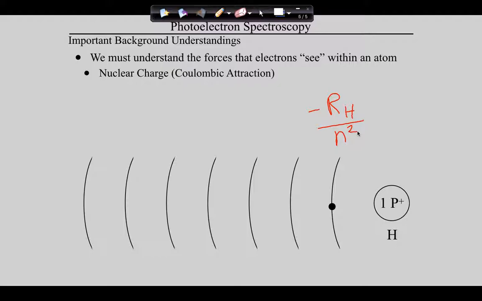That negative value tells us that it is an attraction relative to a fixed point. As we move away from that fixed point, the nucleus, we end up becoming less negative to a maximum of 0, which means no attraction. So we already know how to quantify this Coulombic force through the Rydberg equation.